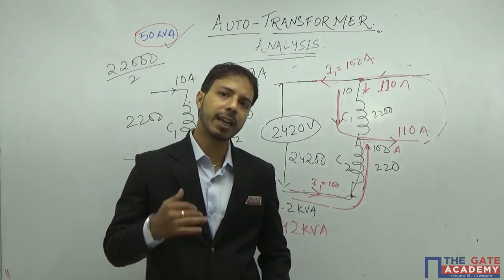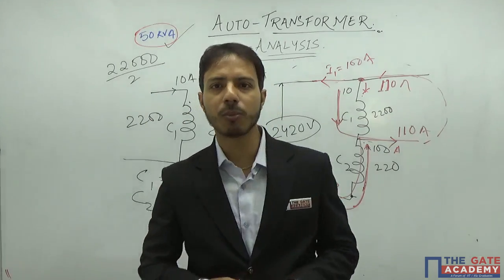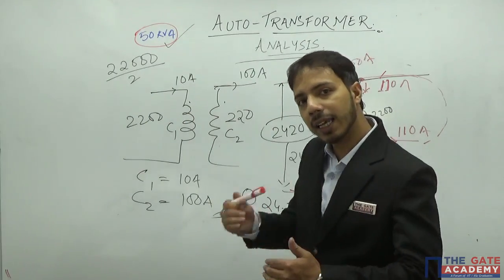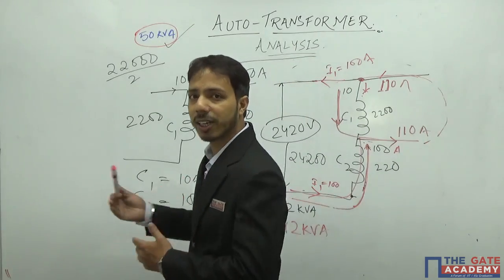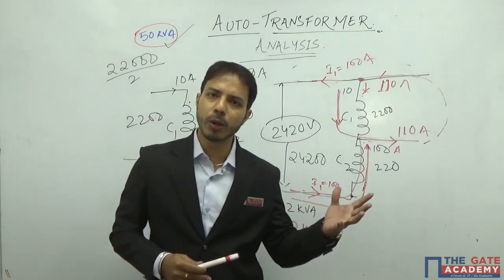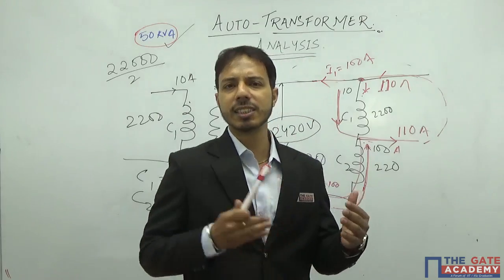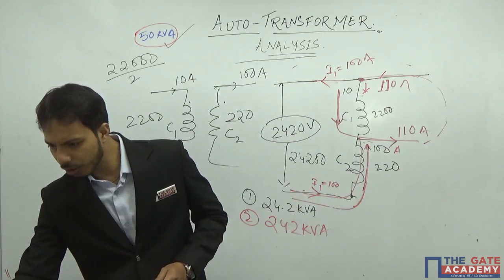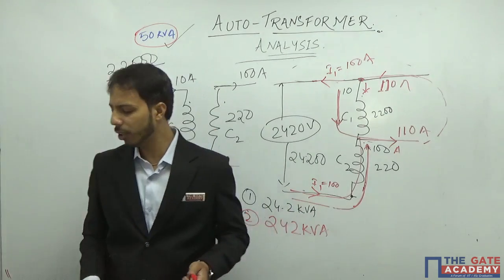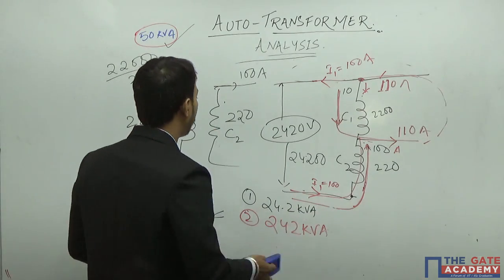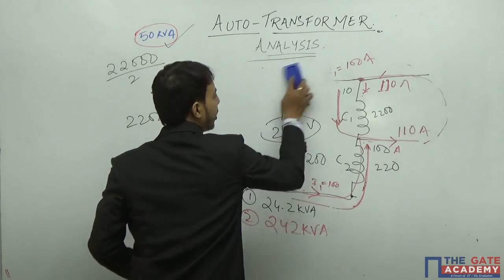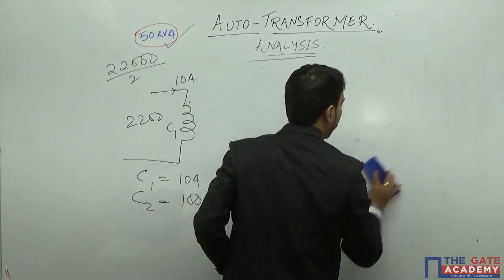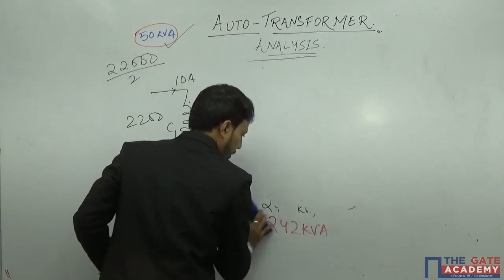I have said that the efficiency of a two-winding transformer is less than an auto transformer. That means if I connect an auto transformer from a two-winding transformer, my efficiency increases. Now let us take a question from 2007, where I will show how they may ask you a question related to efficiency from the same concept.